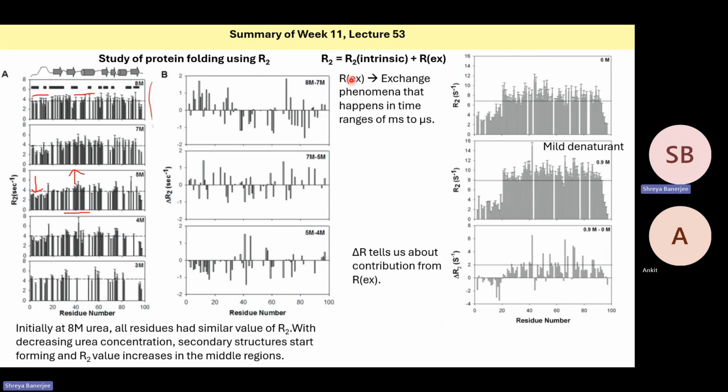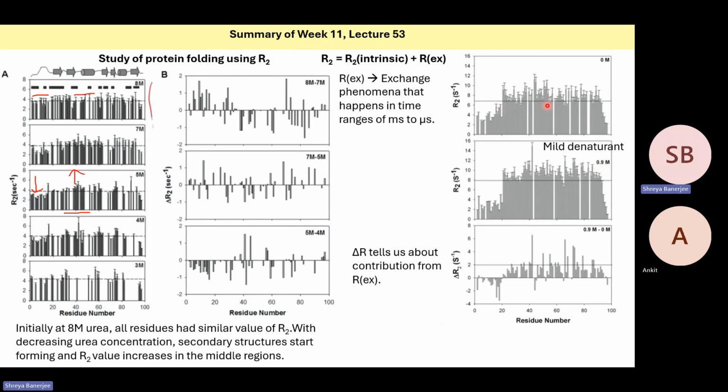Now, suppose you have plotted R2, that is this net R2, at 0 molar urea, and you get a proper folded protein where the N and C terminal have low R2, meaning they are flexible, and in between there is some folded region, which is why R2 is high. Then you take R2 at a very mild denaturing condition, 0.9 molar urea.